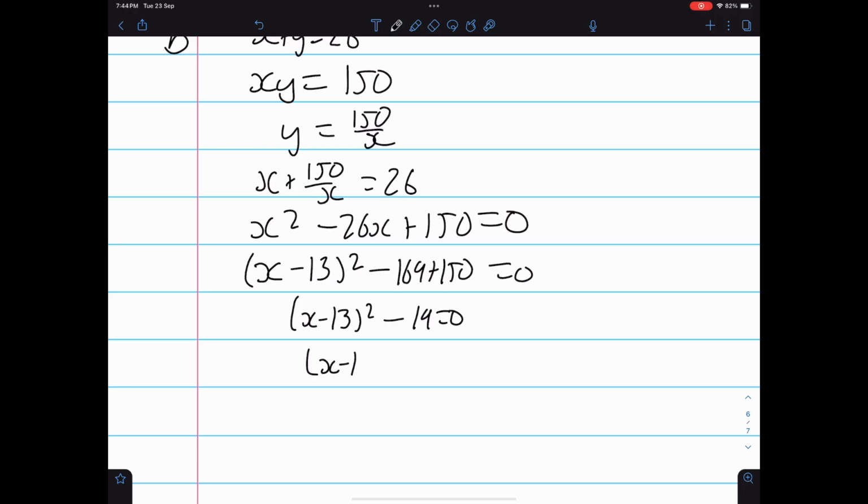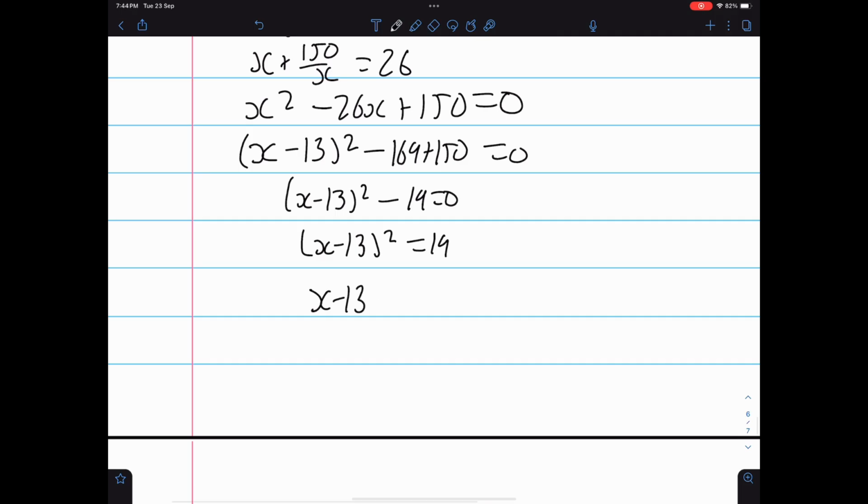And yeah, you can notice that we're getting surds here. So plus or minus root of 19. So the numbers are going to be 13 plus or minus root 19. So that's 13 plus root 19 or 13 minus root 19.